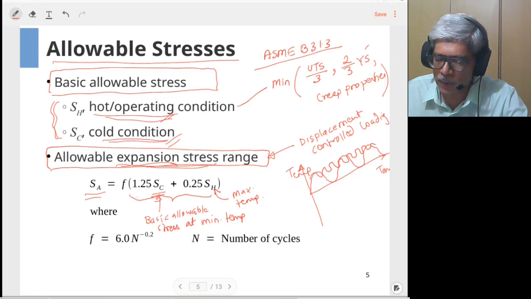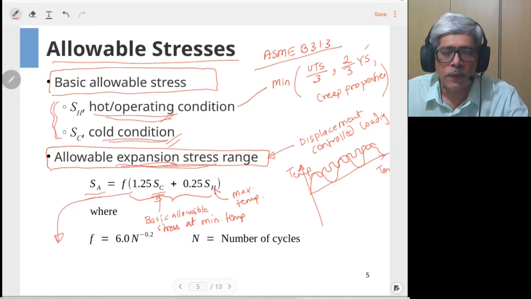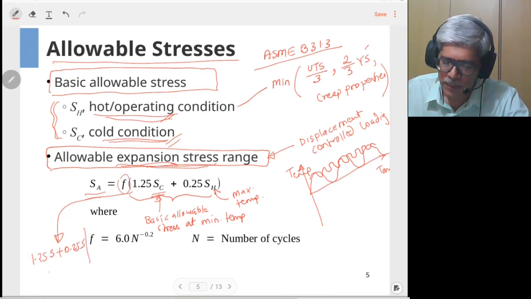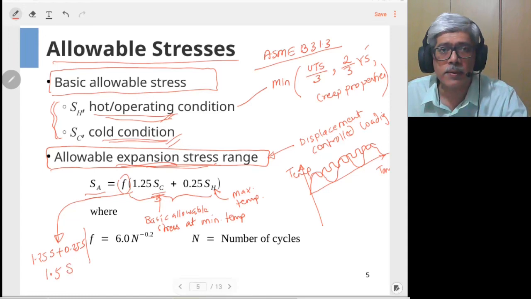So just to understand what is happening here, for the sake of explanation, if you consider that both cold and hot temperatures are the same, this formula becomes 1.25 times the allowable stress plus 0.25 times allowable stress. We'll discuss this factor F afterwards. So the quantity inside the bracket becomes 1.5 times S.